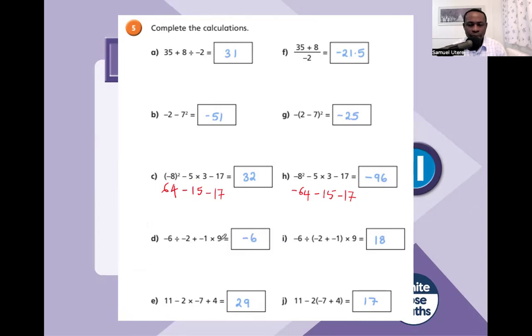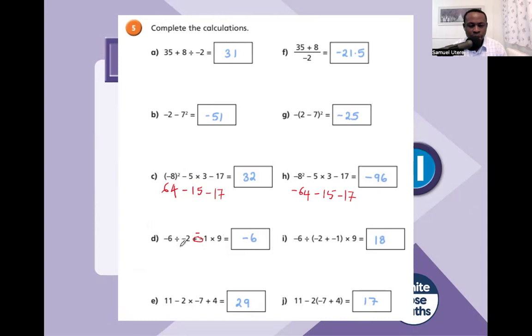And then here, again, doing the order of operations, these two signs, let's resolve that one. These two signs will be negative, okay? And then we have division and multiplication.